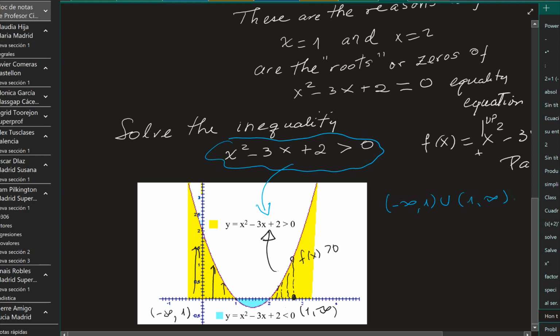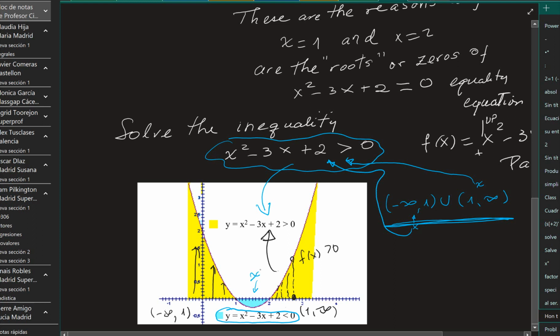It means that if one x is here, it solves the inequality, and if the x is here, greater than 2, also. Such x that are outside of this union, like those, don't comply with this inequality, but with the other inequality.